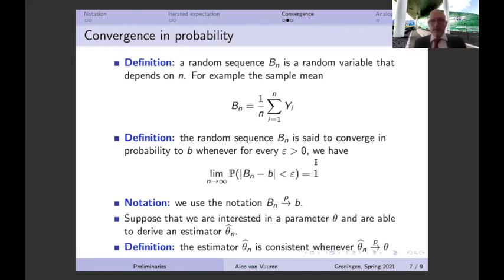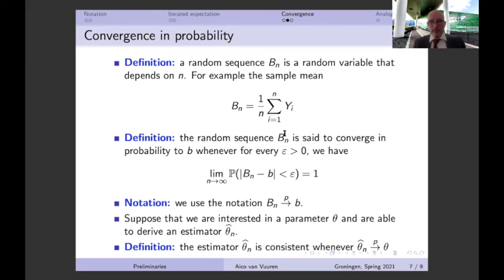But what does that actually mean? Well, we know from calculus that it means nothing else than that for any epsilon larger than 0, we must have an n in such a way that if n becomes larger than that n, the difference between our sequence and where it's going to converge to becomes smaller than that arbitrarily chosen epsilon.